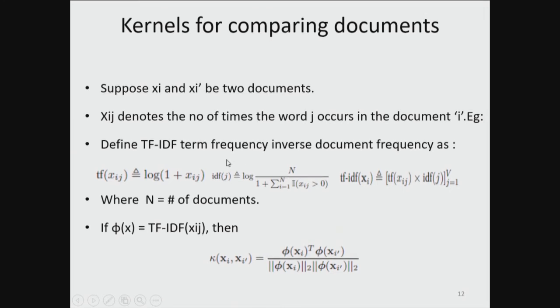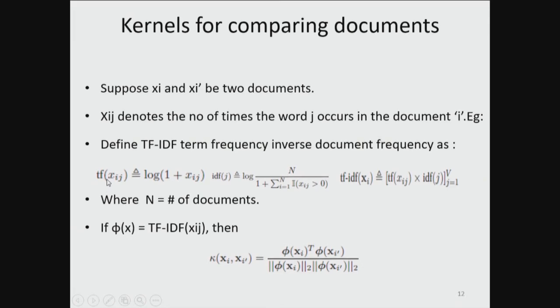Therefore, from the xij, which is nothing but the number of times the word j occurs in the document i, we can construct two additional things. First is the term frequency TF of xij, and second is IDF, that is the inverse document frequency of xij using this formula.